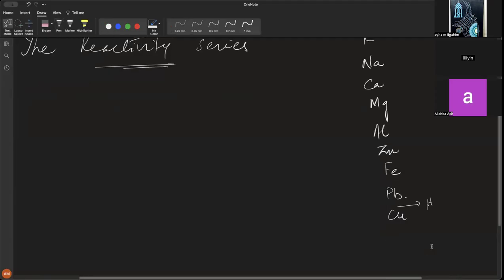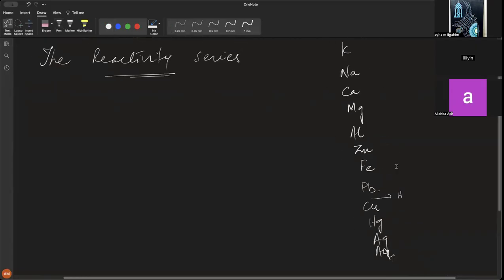We'll discuss that later. But copper, then there is Hg, mercury, then we have Ag and Au. This is the reactivity series that we have to keep in our mind.